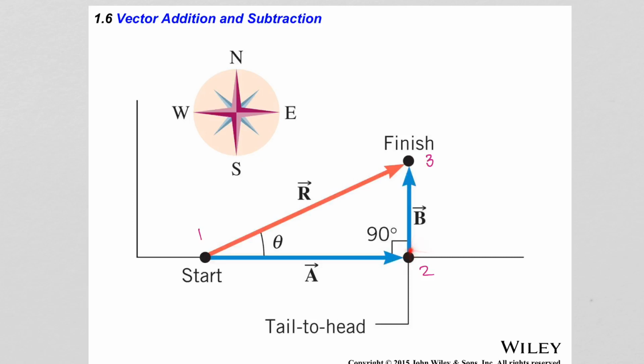And so the displacement vector is vector B. So how do I find the net displacement? Well, the net displacement I find by placing the tail of B at the head of A, and then the net displacement will start from the tail of A and end at the head of B. So the net displacement R is this vector here.